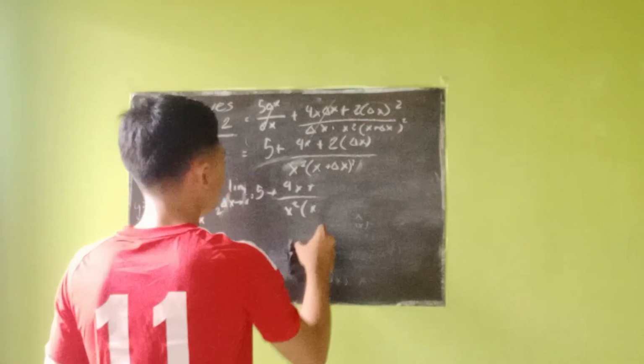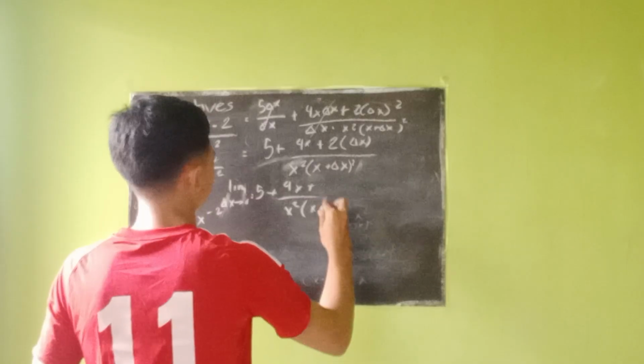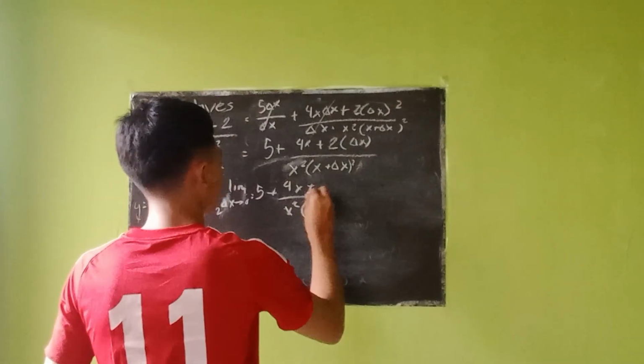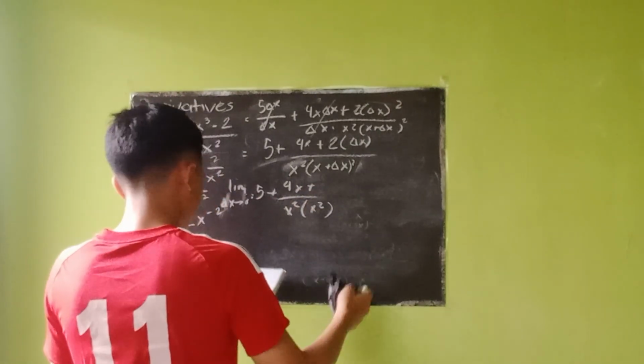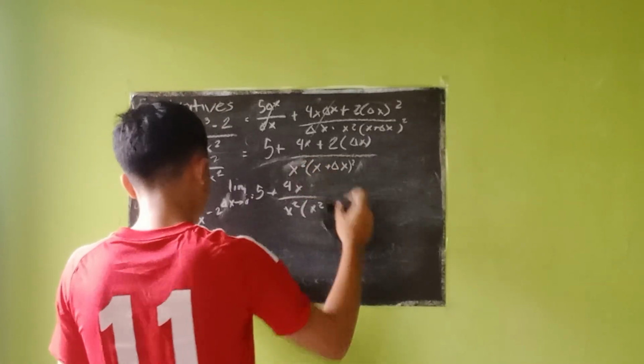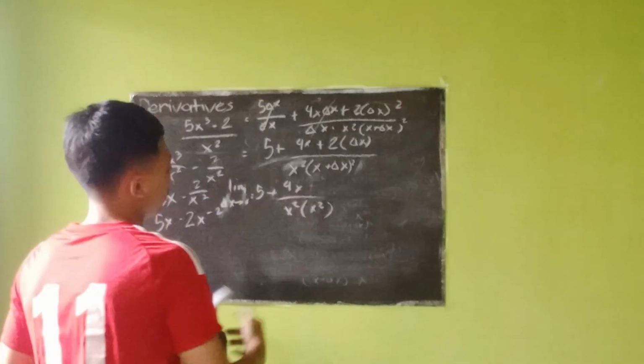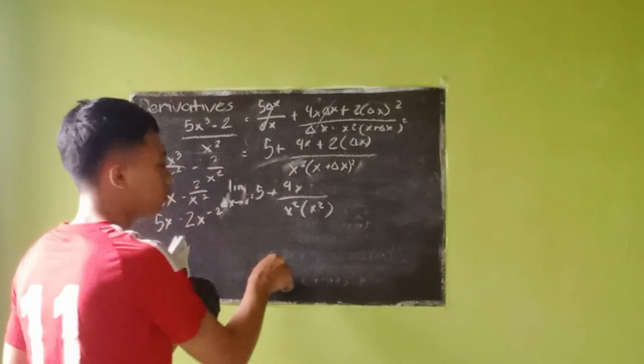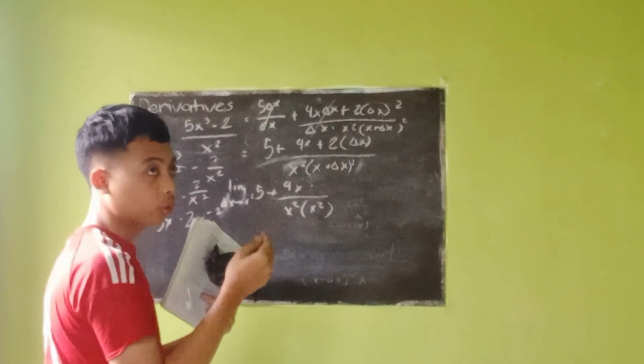So this one will be x squared, which now leaves you with 4x over x squared times x squared.